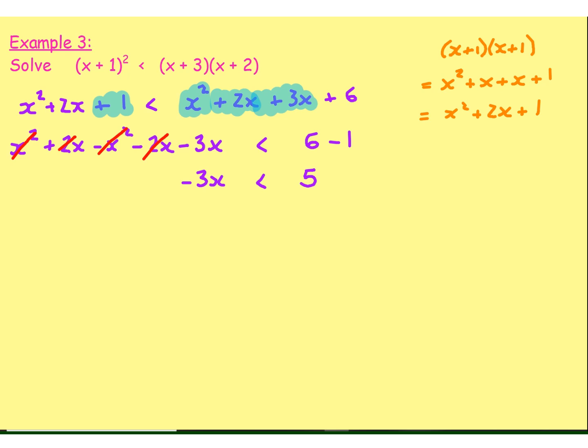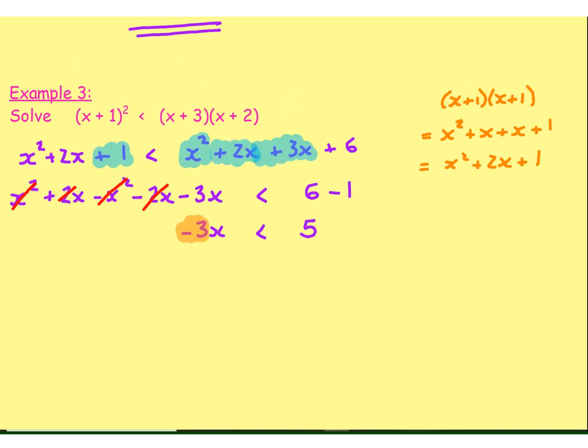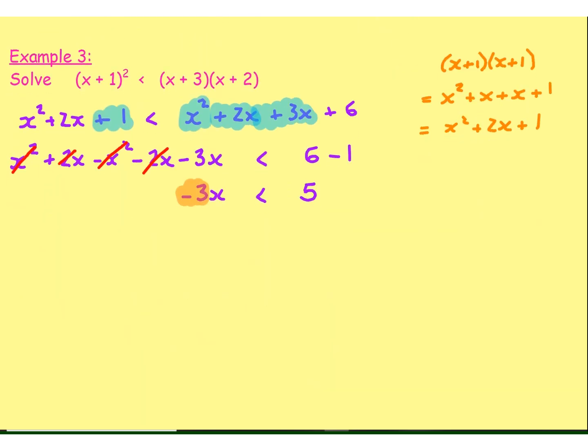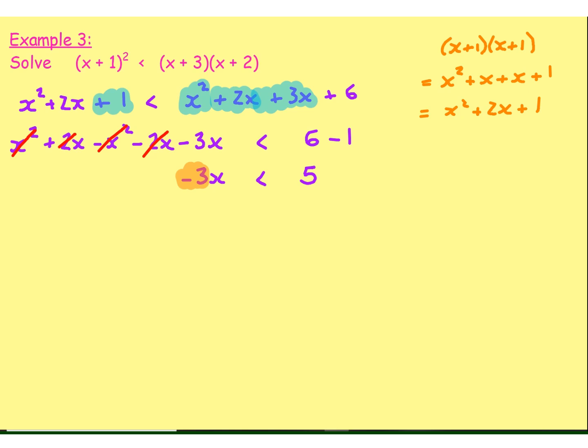And now you will see that I have a negative 3 there. Okay, was the last one a negative 3 as well? No, it wasn't, it was a negative 2. Right, so we've got a negative 3 there. And that negative 3 is multiplying the x.